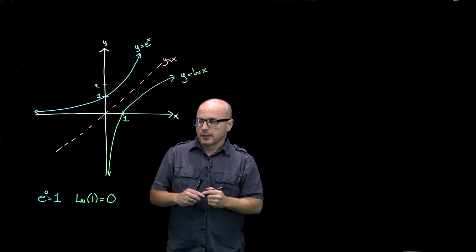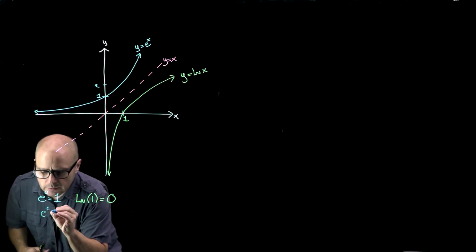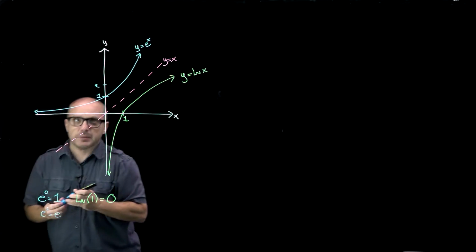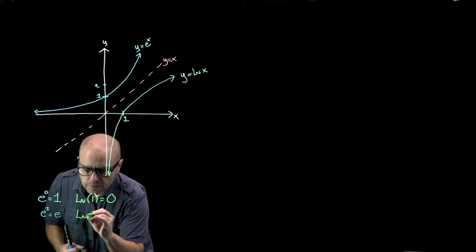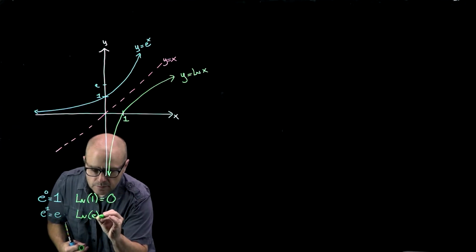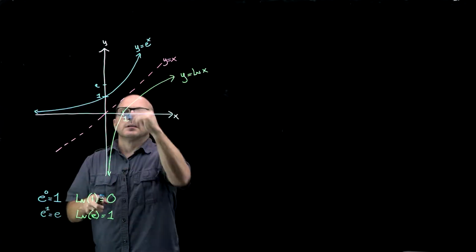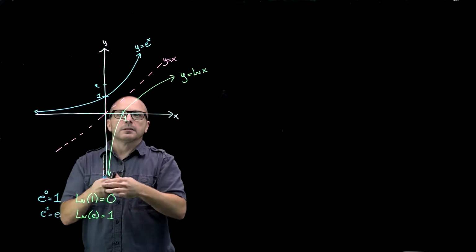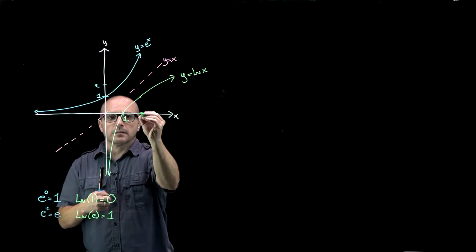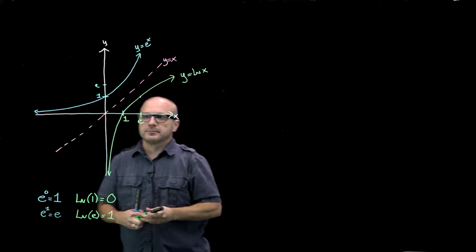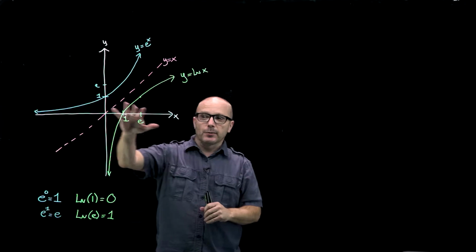So e to the 1 is just e, which means that, reversing that process, natural log of e is 1. So somewhere over here would be e.